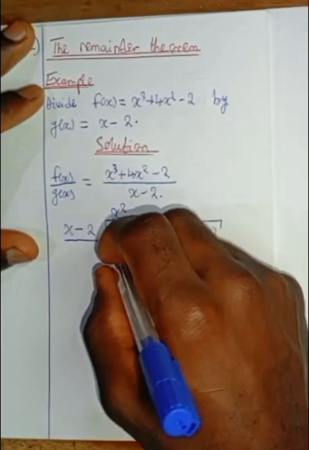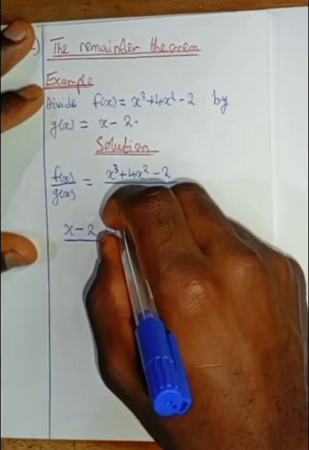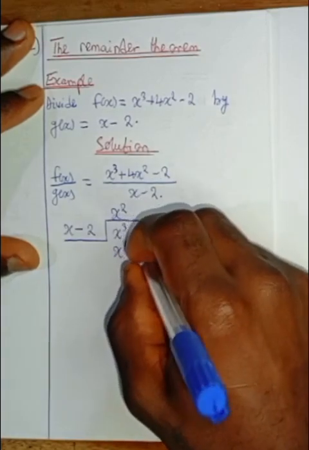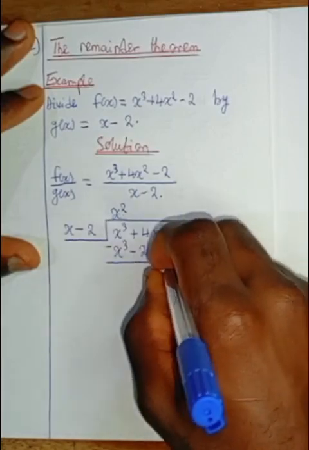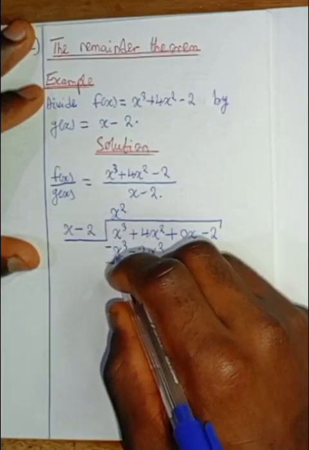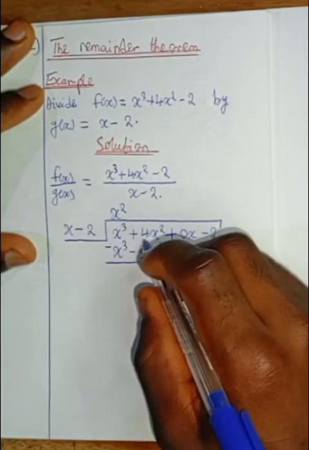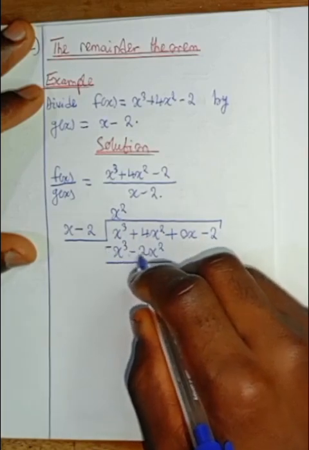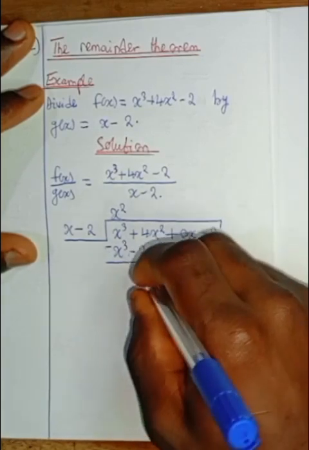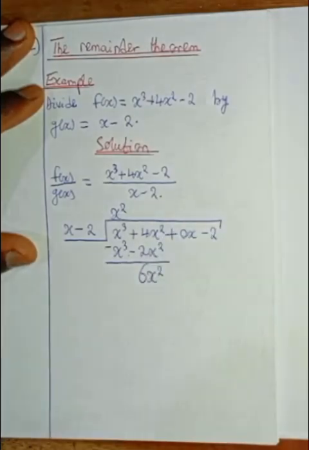X squared times x gives x cubed. X squared times negative 2 gives negative 2x squared. Then we subtract. X cubed minus x cubed gives 0. 4x squared minus negative 2x squared gives us 6x squared.